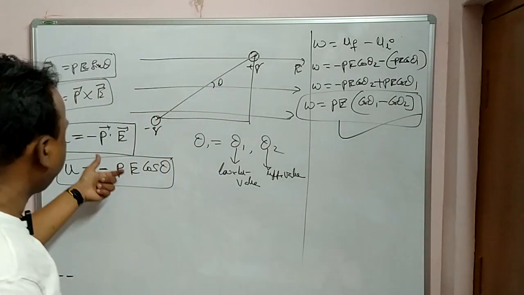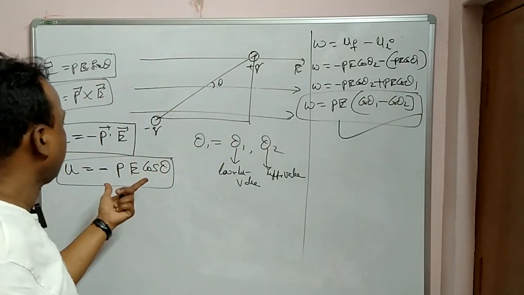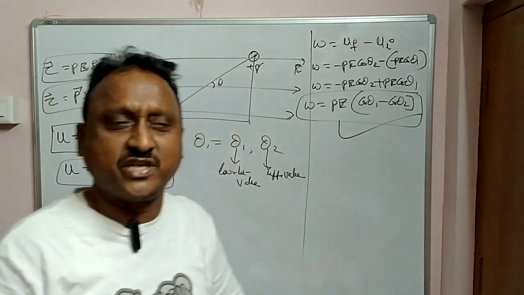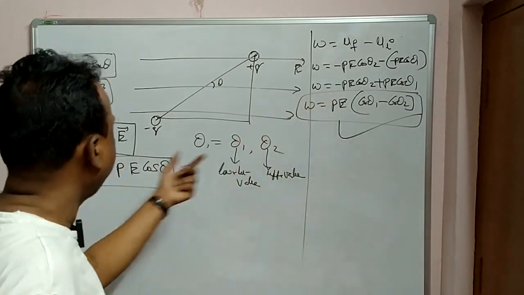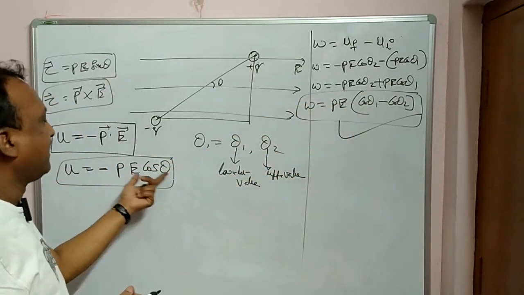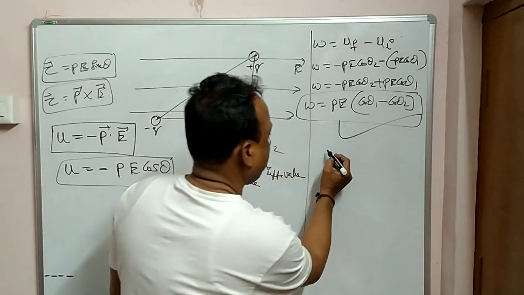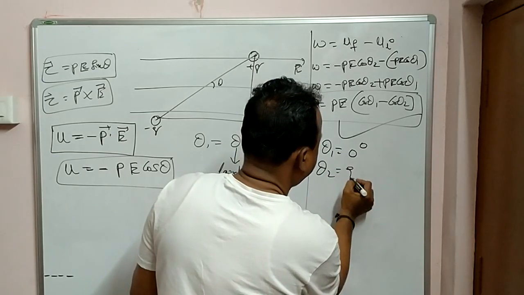Work done in rotating means potential energy, minus PE cos theta. What is the total electrostatic potential energy in rotating from one angle theta 1 to theta 2? Minus PE cos theta, or PE into cos theta 1 minus cos theta 2. For example, a small problem: theta 1 is equal to 0 degrees, suppose theta 2 is equal to 90 degrees.